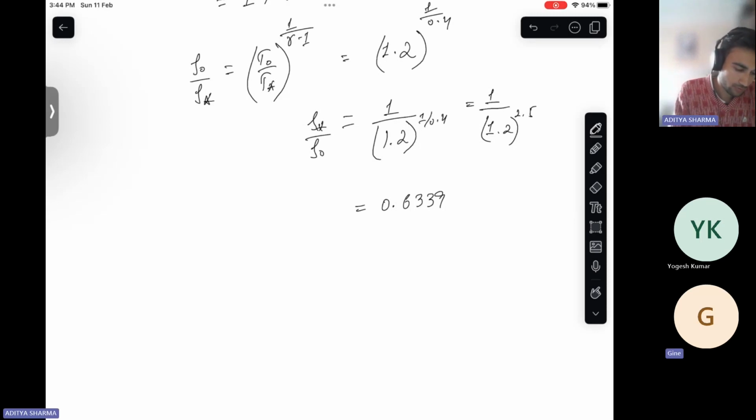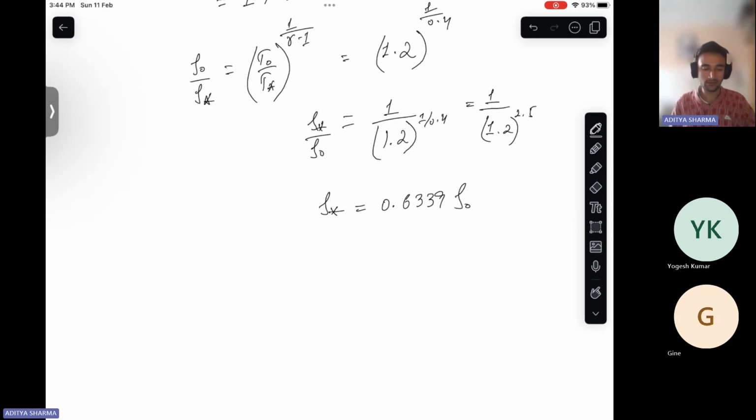Close to this. So what does this mean, that rho star is nothing but this? So the static density of the air at the throat has decreased to 0.6339, or just say 0.633.